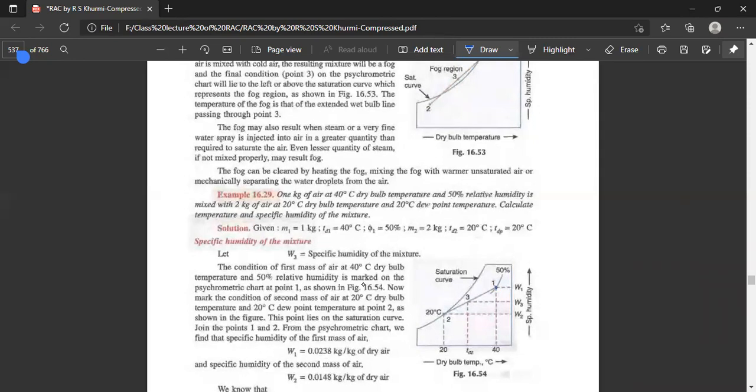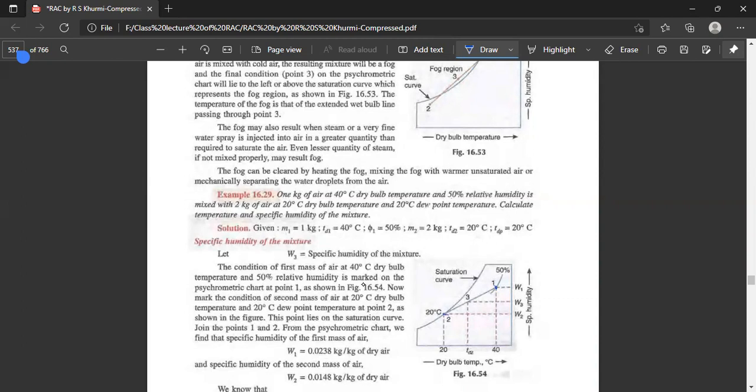For state 2, we have 20 degrees centigrade dry bulb temperature and 20 degrees centigrade dew point temperature. Dry bulb and dew point temperatures being the same means this lies on the saturation curve. So this is point 2 here.